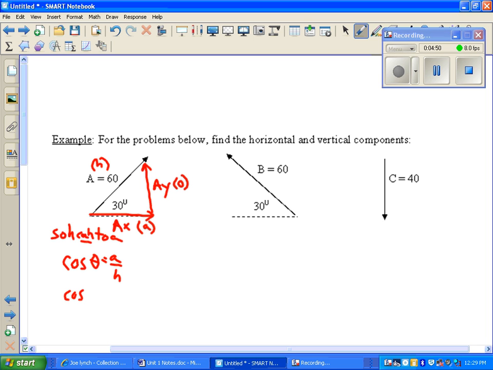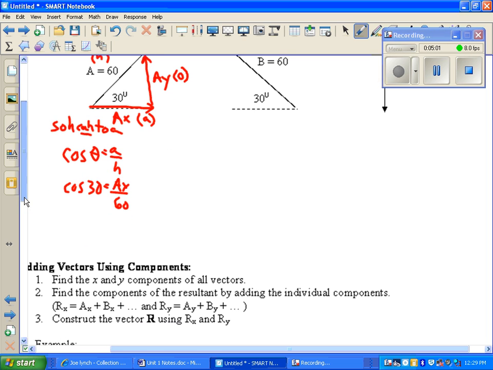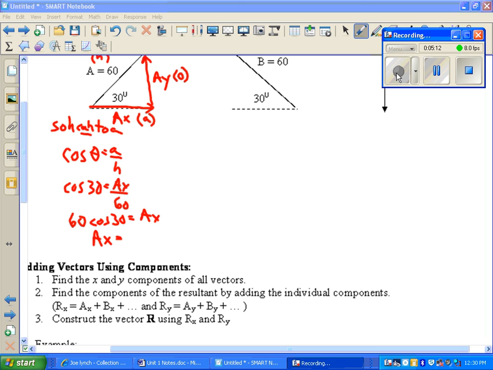So cosine of 30 equals AX over 60. Then I'm going to cross multiply. So 60 cos 30 is AX. I use my calculator and I find AX is equal to 52.0.